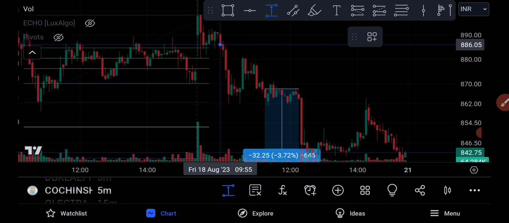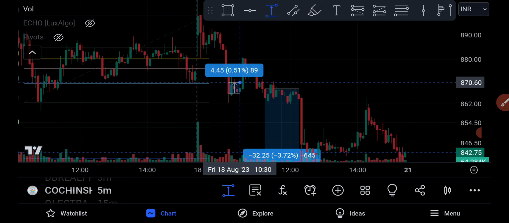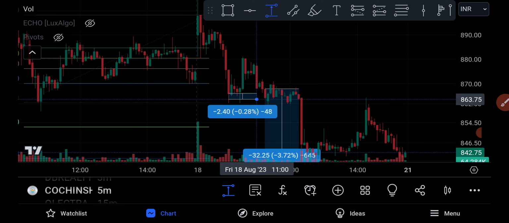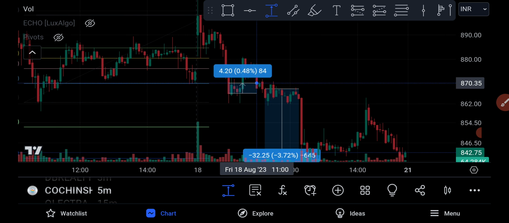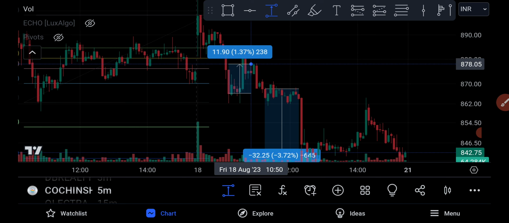The market keeps on falling, and at this point you realize that the market could go all the way down. What do you do? You place an order here, and you make this much of a loss. Again, the market gave you something and took it away. So at this point you would have exited the trade.